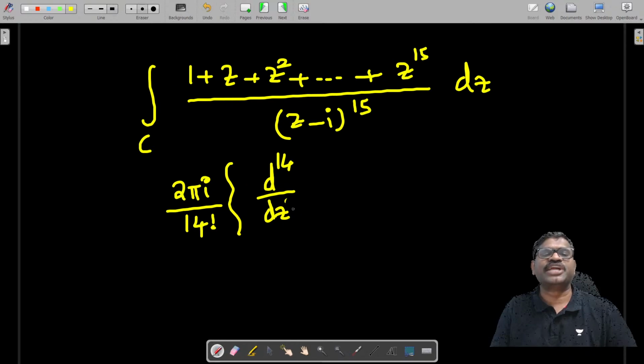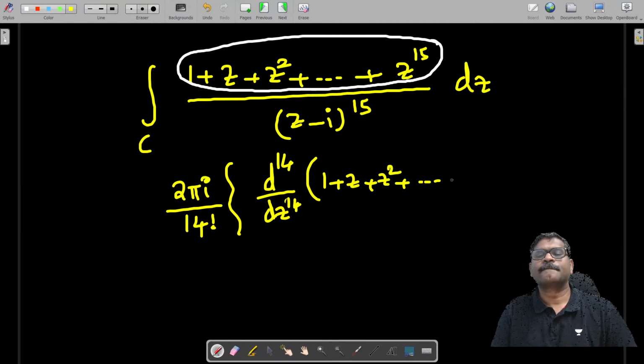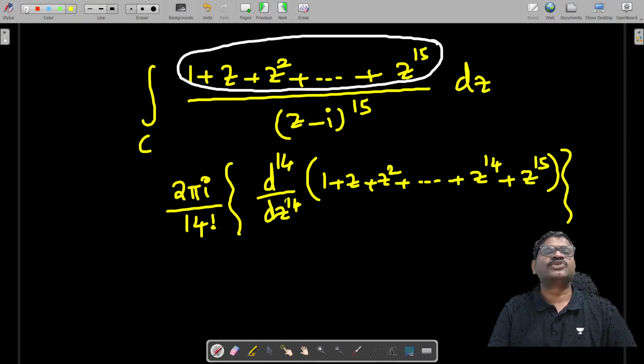We have to differentiate 14 times this function of z, and after that substitute z equal to i.